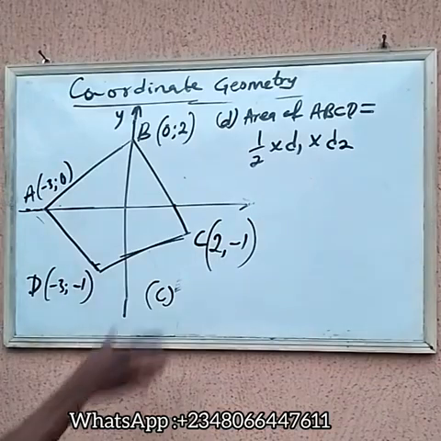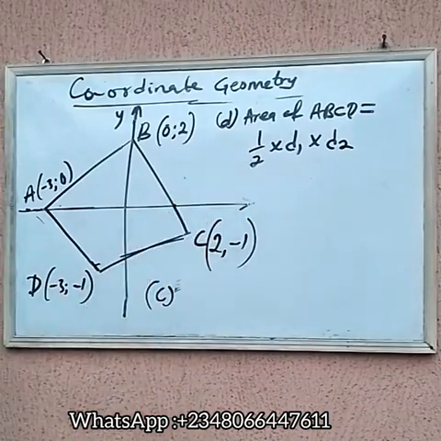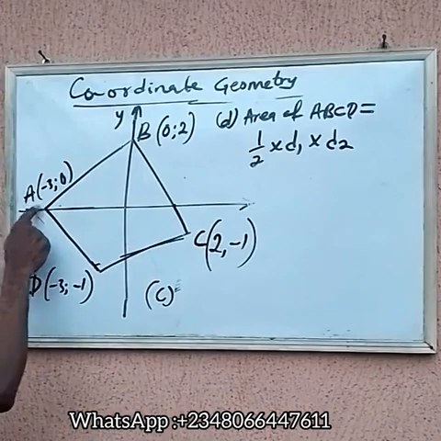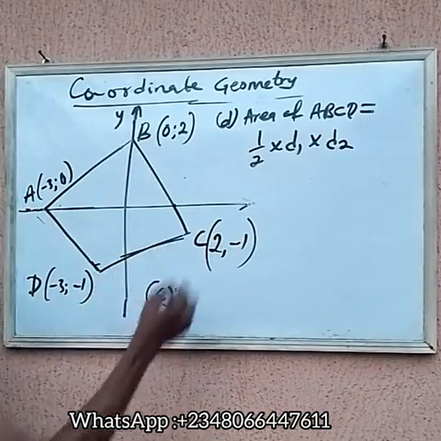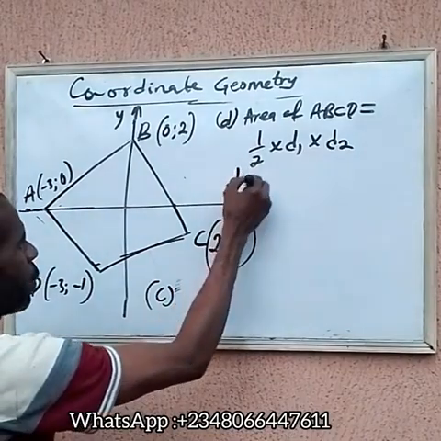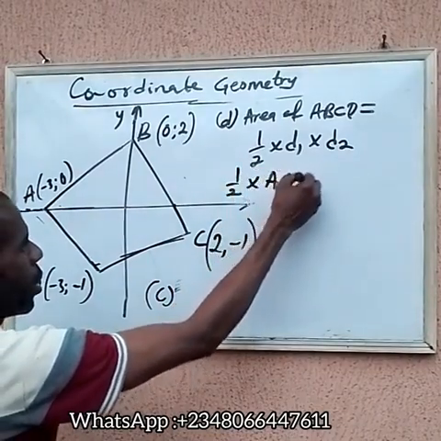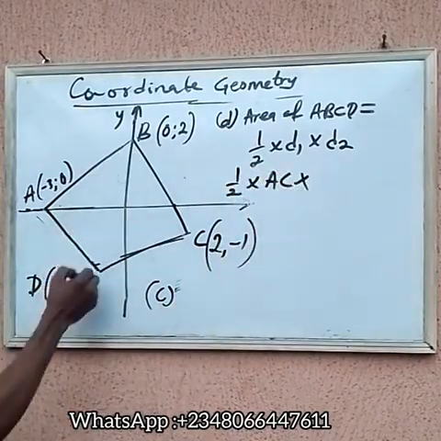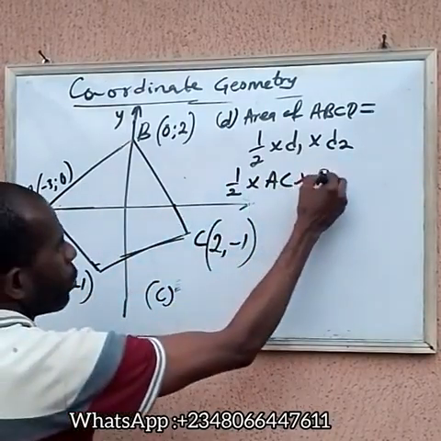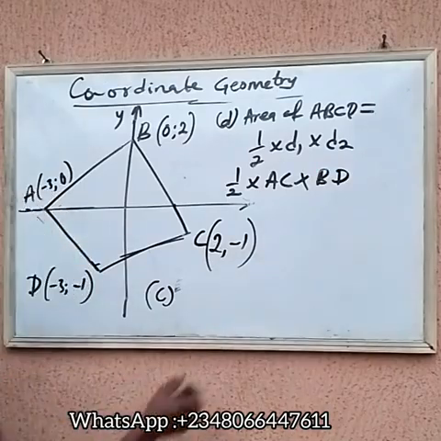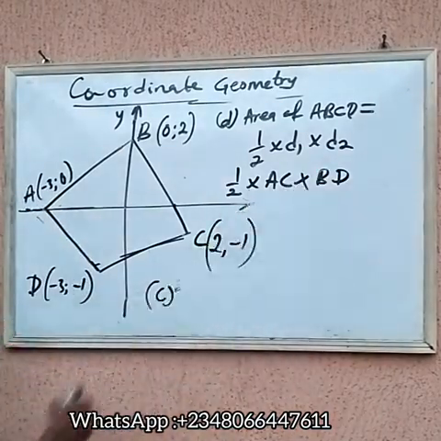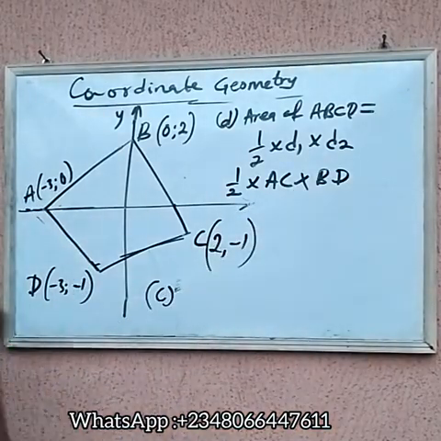Yes, this is the area of a rhombus. Now, what is diagonal 1? The diagonal 1 is this first one here. We just calculated AC. So we have half times AC times, the next diagonal is BD. So we need this BD so that we can input it and get our area.